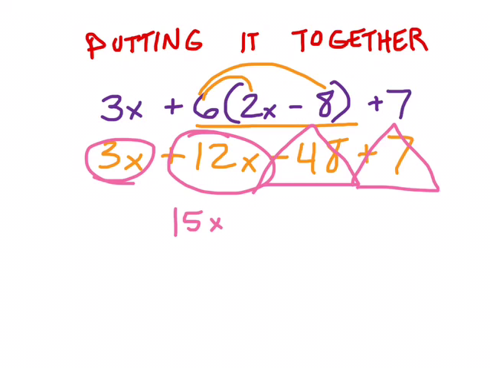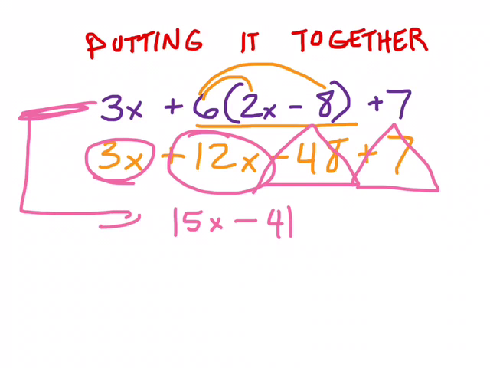And since those have opposite signs, they partly cancel each other. So it's actually just going to be negative 41 or minus 41. So I can take this whole gigantic expression up here and simplify it down to just 15x minus 41. And if you start to think about how much simpler that looks, maybe you can begin to understand why solving an equation, knowing these skills, can be really helpful.